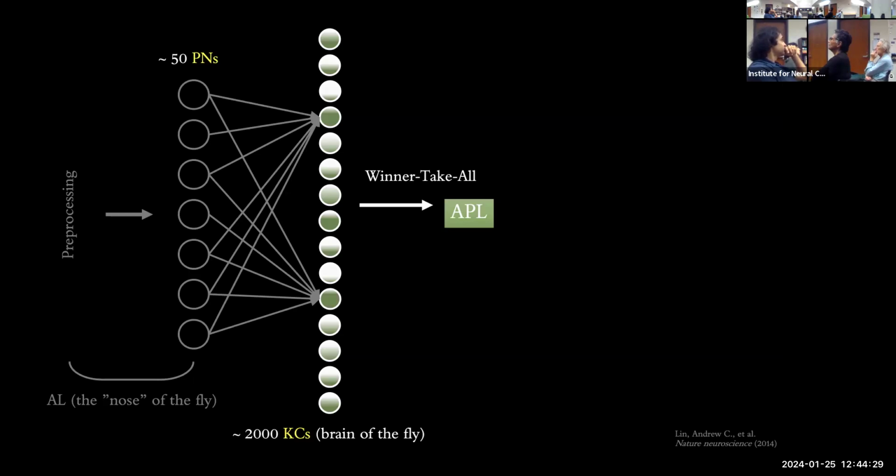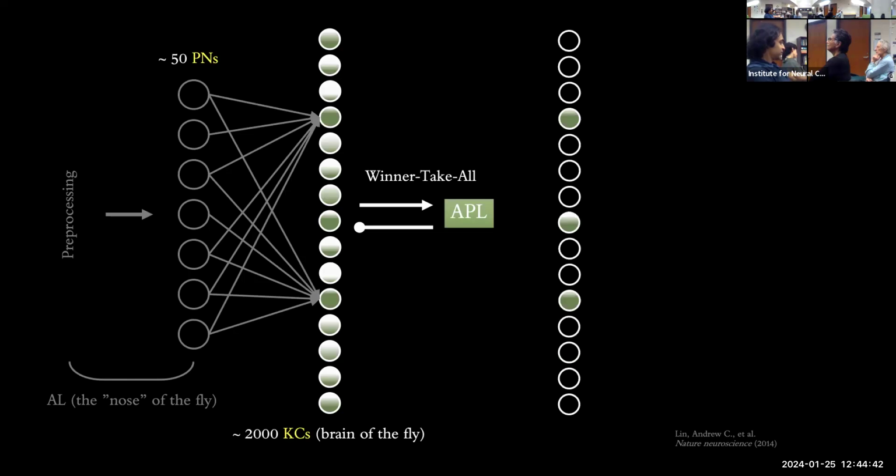And APL will send back a very strong inhibitory signal to all the Kenyon cells, so that the end result is that only the top 5% of neurons with the highest activity will be active after this inhibition. This process is called winner take all. So you can see here, after this winner take all process, the odor is now represented by a very sparse vector in the 2000-dimensional space.